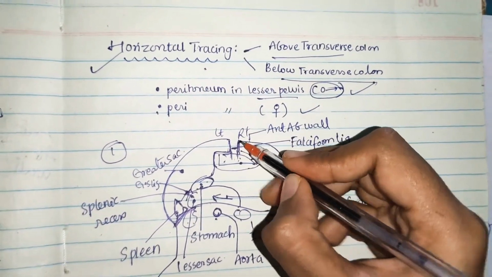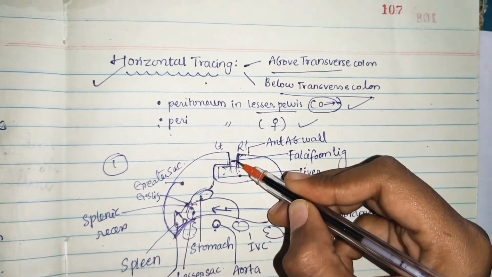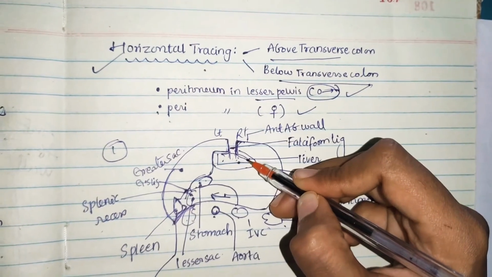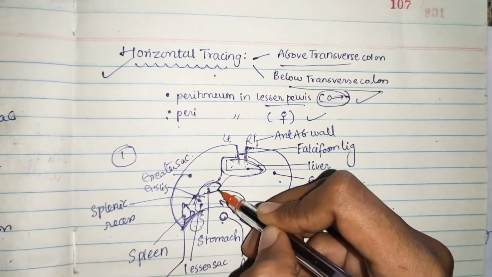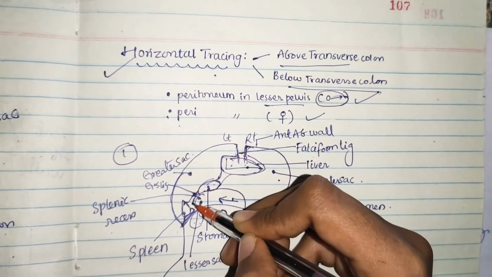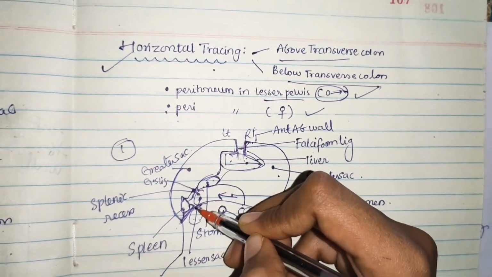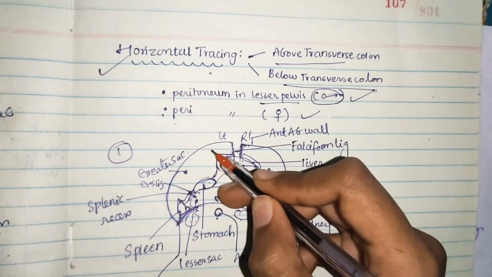So now let us start from the right side. From the right side, the layer of falciform ligament passes on liver to the posterior layer of lesser omentum, posterior wall of stomach. So like this, from the posterior wall of stomach to the right layer of gastrosplenic ligament, from there to lienorenal ligament, from there to posterior abdominal wall, back across the middle, reaching again anterior abdominal wall.